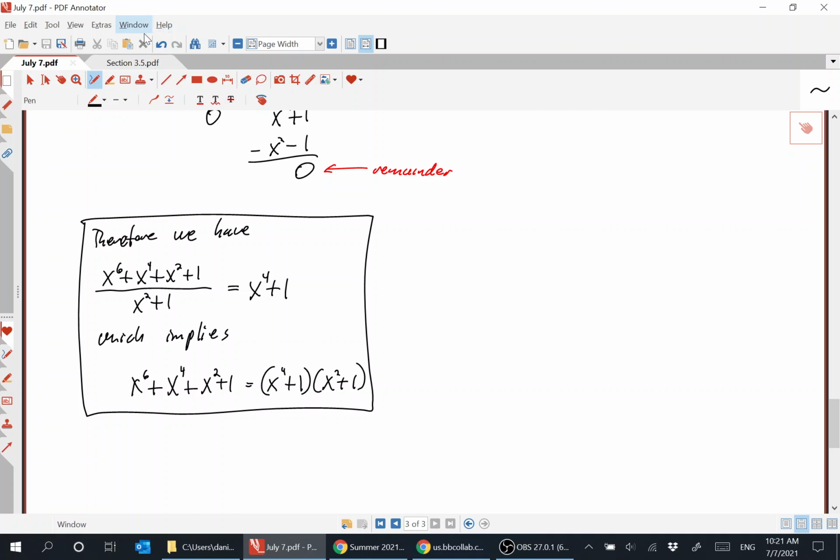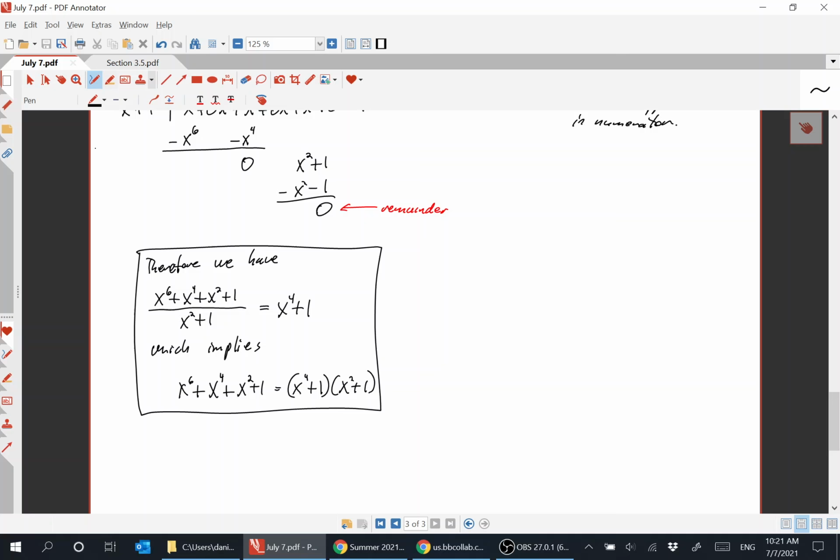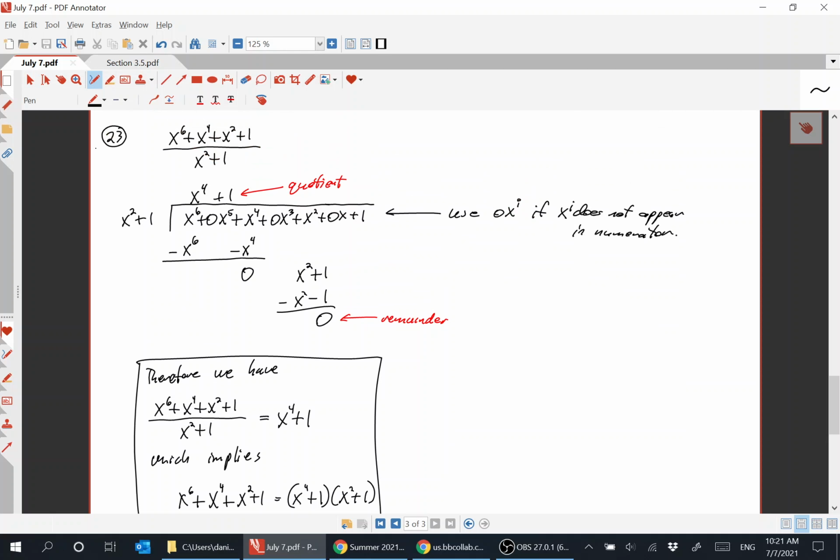Okay, so that's a good selection of problems there. In general, how to factor polynomials and how to find the roots of polynomials are very difficult questions. We're really just scratching the bare surface of the topic.